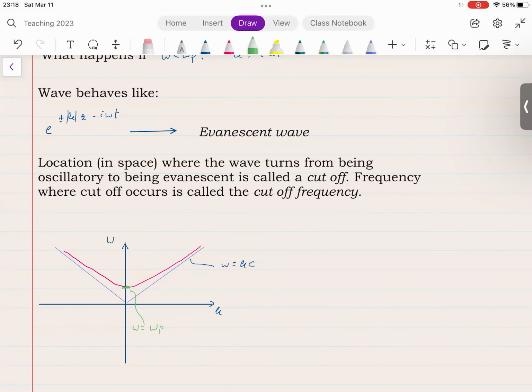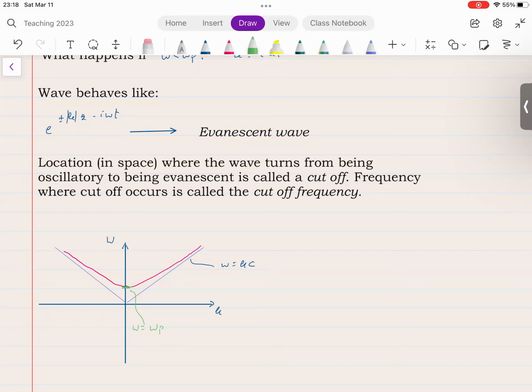And this plot that we also have in the textbook is a good and easy way to figure out where a wave becomes evanescent and to identify cutoffs.